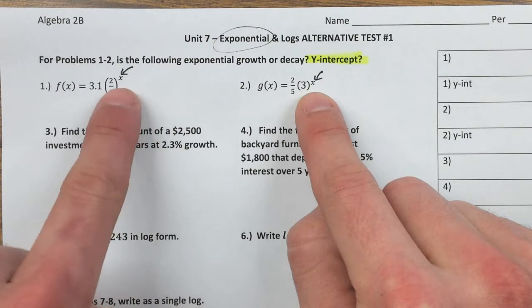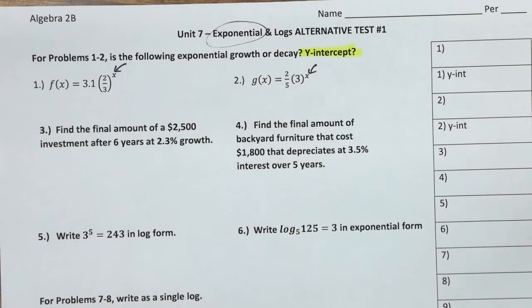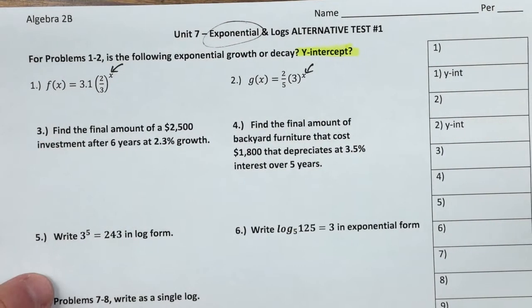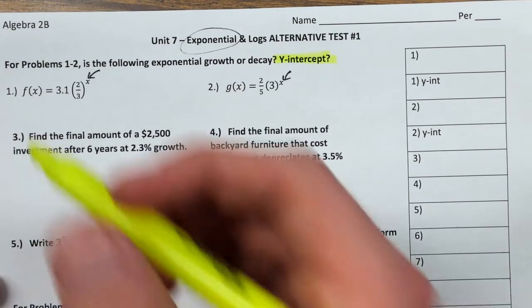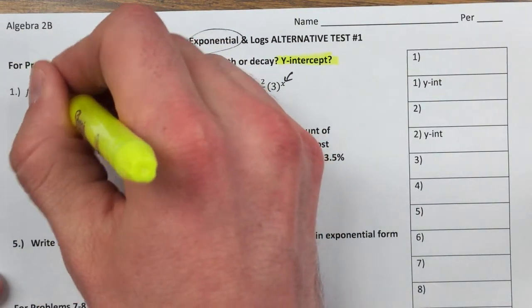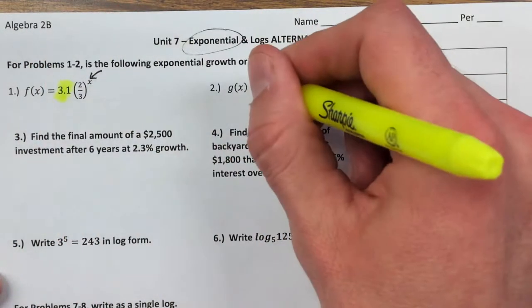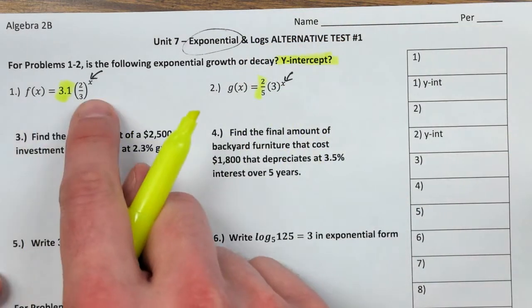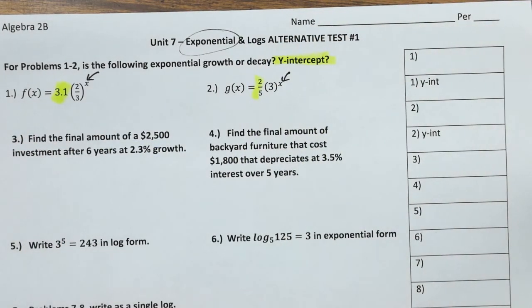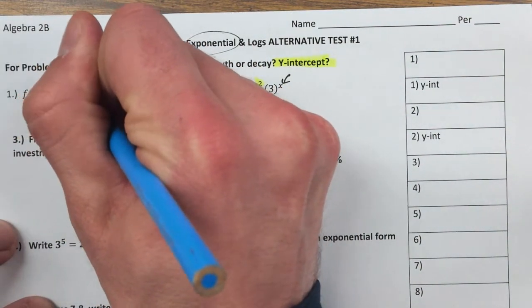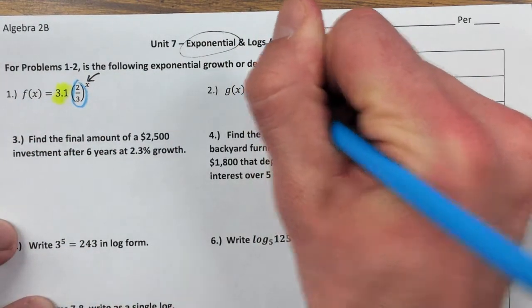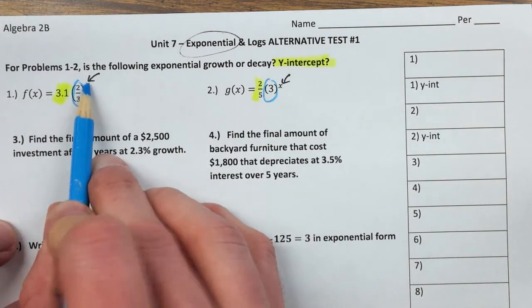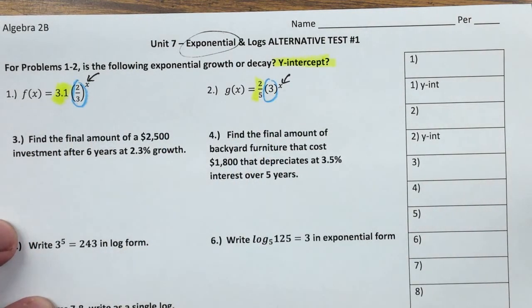When you have an exponential problem, the y-intercept is going to be very straightforward. For the first problem, the y-intercept is the number that is by itself multiplying onto the part that has the exponent. So notice how the 2/3 has the exponent and the 3 has the exponent.